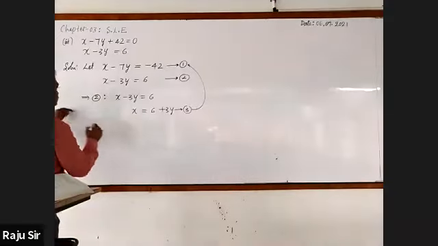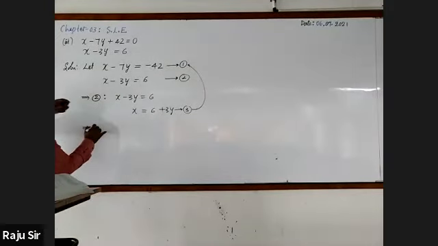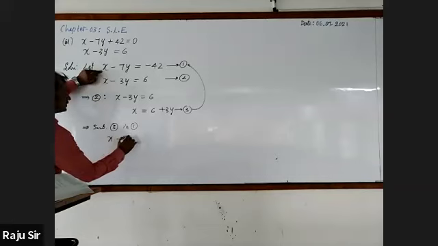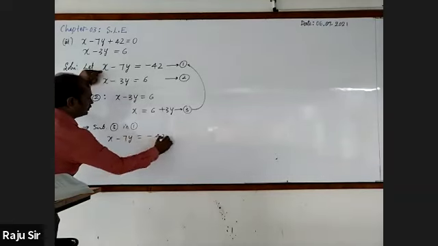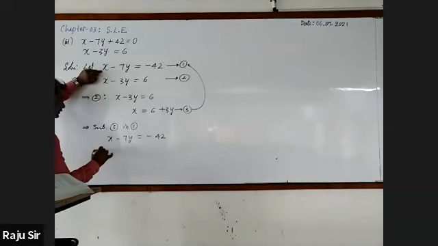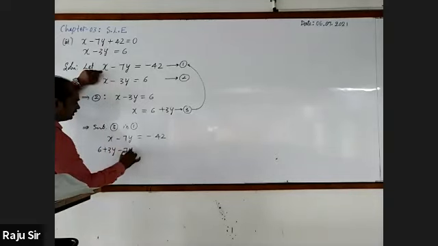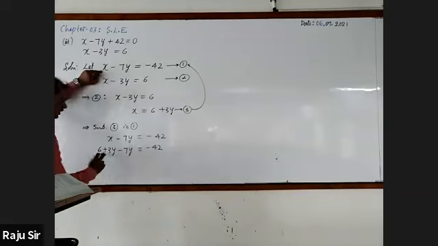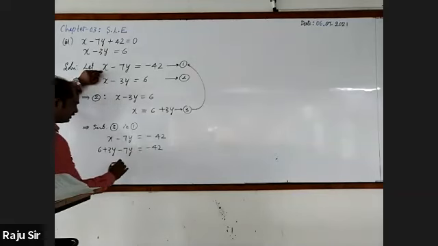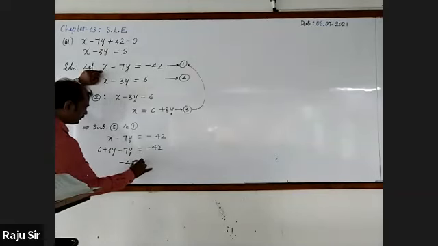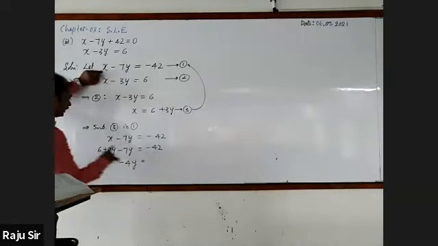Next, let us substitute equation 3 in equation 1, where 1 is x minus 7y is equal to minus 42, and where x is 6 plus 3y, then 6 plus 3y minus 7y is equal to minus 42. Then 3y minus 7y is minus 4y is equal to minus 42.